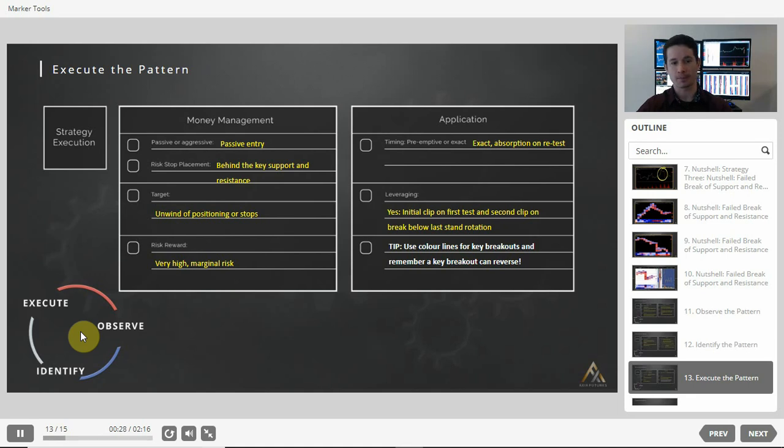Note, stop placement: you want to put it in and around behind where that consolidation period is occurring within the breakout zone. In terms of target, we're looking for either an unwind of the delta, or the stop run which creates an exhaustive low, or an extension of the low or a test of the lows. Whichever one of those three comes first, that's your potential target.